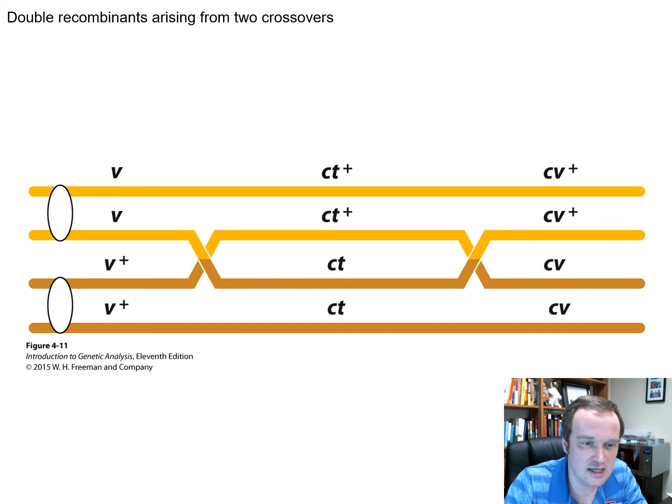So if we were looking at, for example, this comparison between V and CV plus, it would look like it is a parental genotype, but CT's been replaced, so it's not. So it is a recombinant. And so we're ignoring that in our math, and that is affecting our calculation.